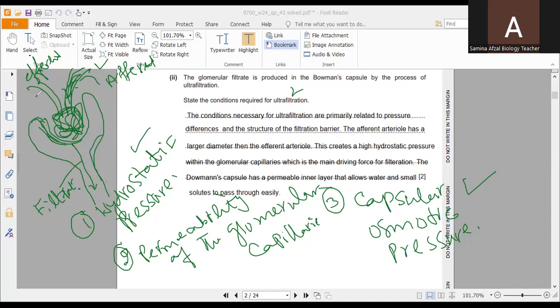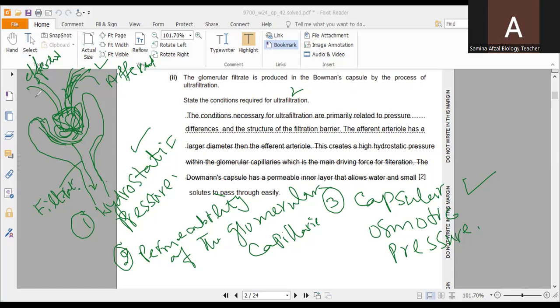Permeability allows the molecules to move in the form of filtrate. So these are the conditions which are helpful for ultrafiltration.